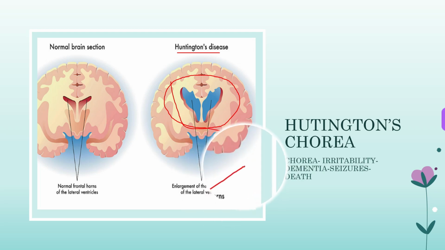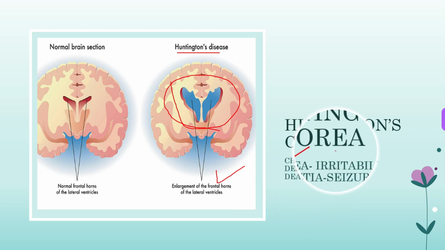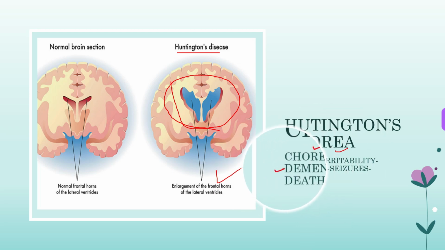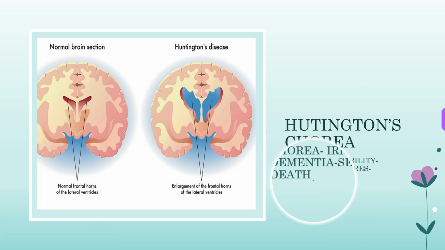I will repeat it again. Huntington's chorea is an autosomal dominant condition which is characterized by first chorea, then irritability, then dementia, after that seizures, and finally death of the person. This is very important.